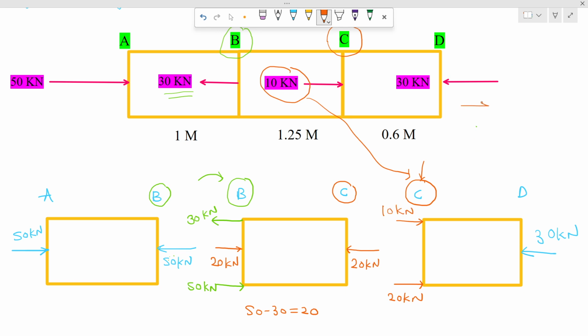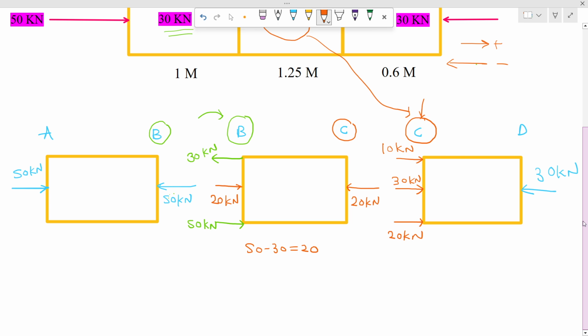As I told you, this is positive, this is negative. So 10 plus 20, it will be 30. Now you can see we have drawn the free body diagram correctly.